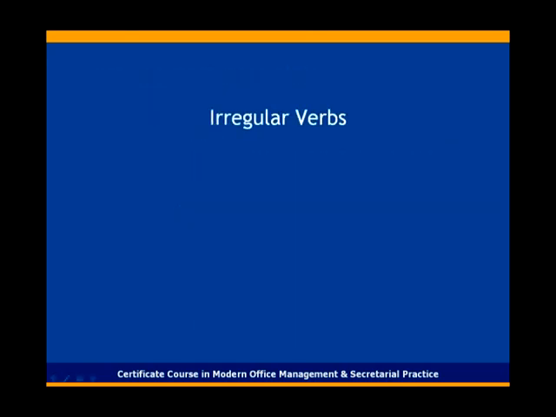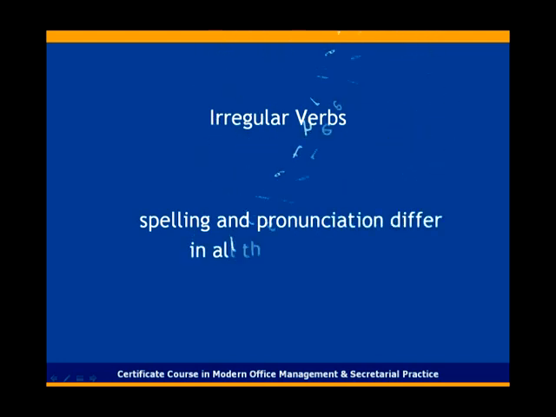There are many such verbs in the English language where the spelling and pronunciation differ in all three forms. They are called irregular verbs. You learnt about irregular verbs in lesson 2. Do remember to go through the list regularly.